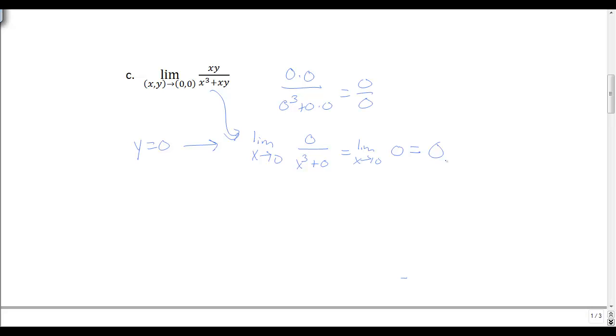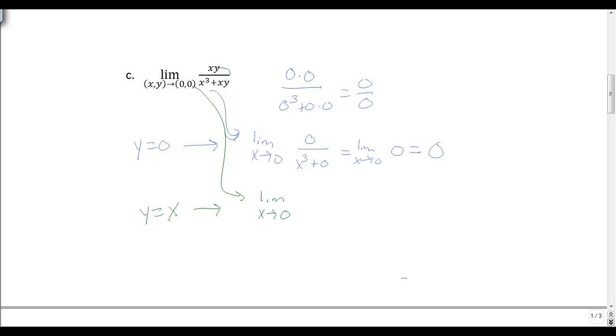Now, on the other hand, let's do a general path, how about y equals x? Let's do y equals x. When you do that, then our limit, let me switch to another color here, let's do y equals x in green. When I take that path, what I get is the limit as x goes to 0.